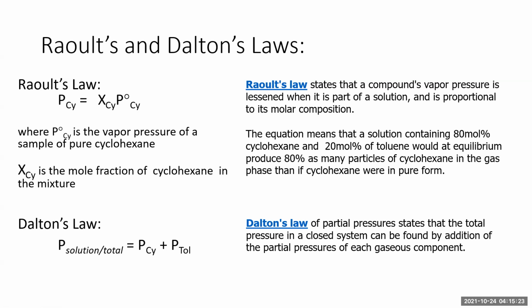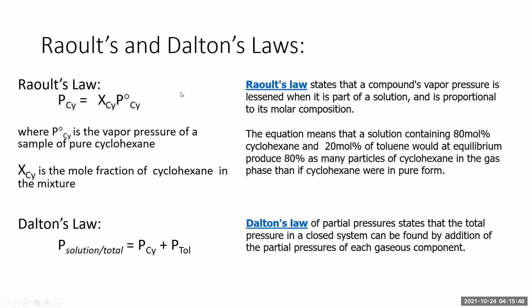But typically we're talking about a mixture, right? It's going to be mixed with some toluene. So the equation really means that a solution containing, let's say, 80 mole percent of cyclohexane and 20 mole percent of toluene would at equilibrium produce 80% as many molecules of cyclohexane in the gas phase than if cyclohexane were in pure form.